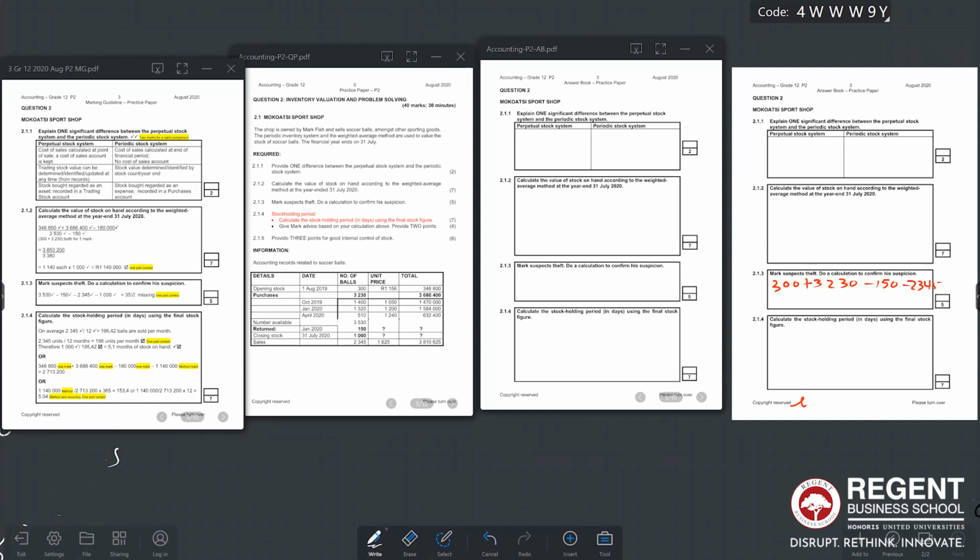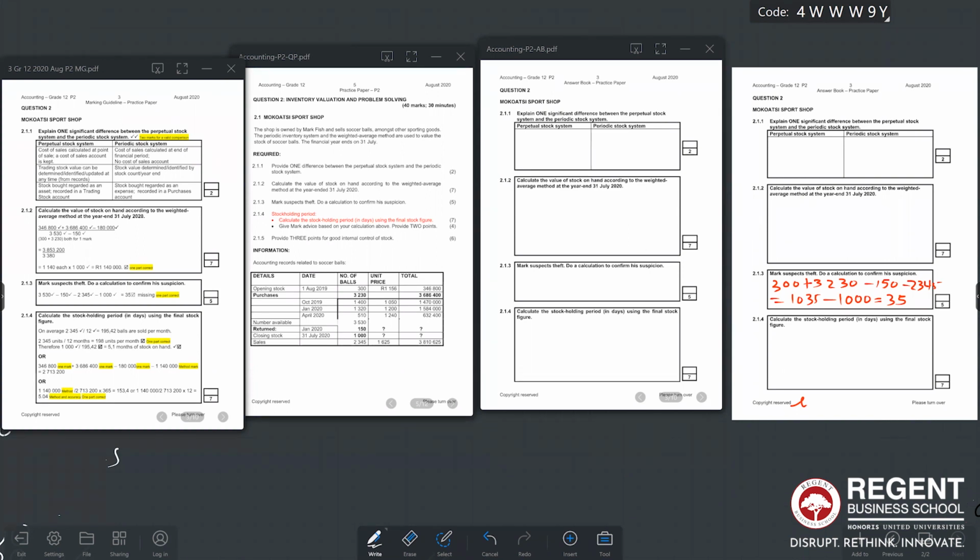Now, if you do that calculation, you're supposed to have an answer of 1,035. This should equal 1,035, but you only got 1,000 left. So 35 soccer balls disappeared, stolen. So 35 is your answer.